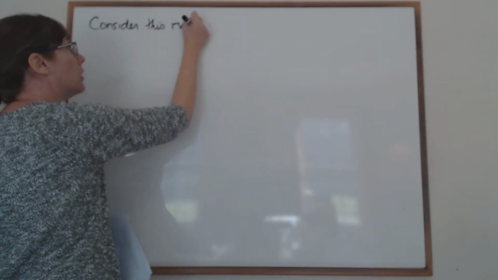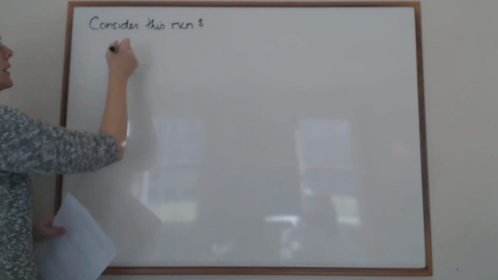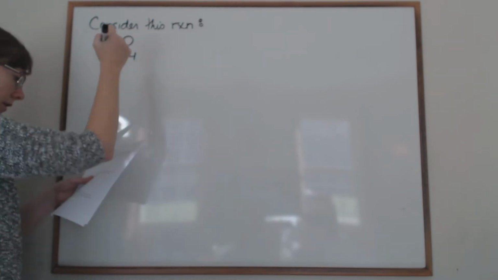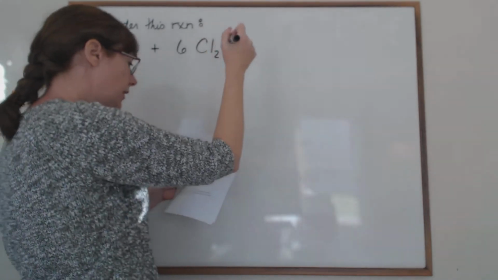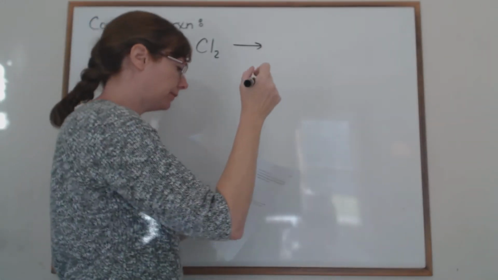We have a chemical reaction. I'm just going to write, consider this reaction, and it's given. Notice that if I don't write phase labels, then you don't need to know them either.